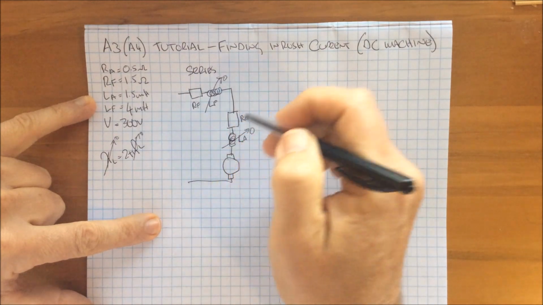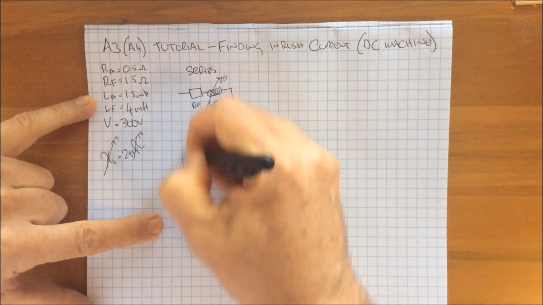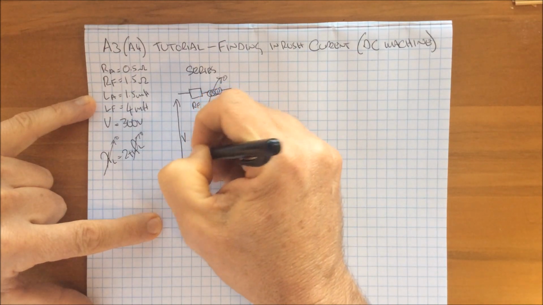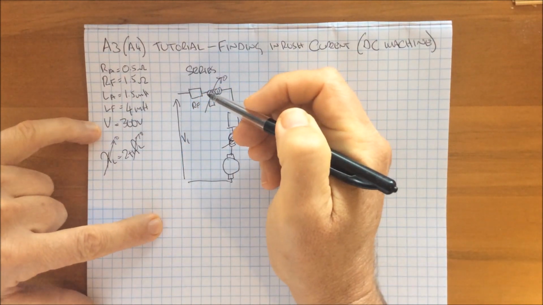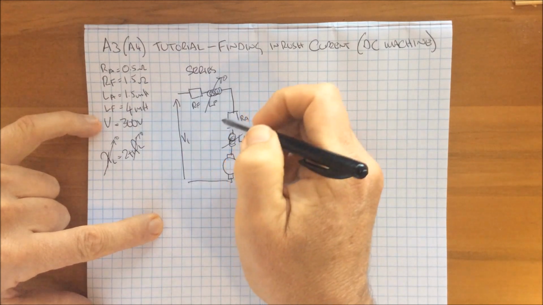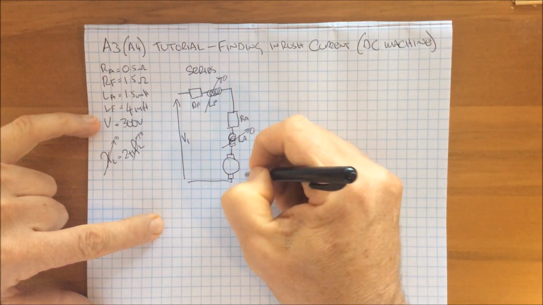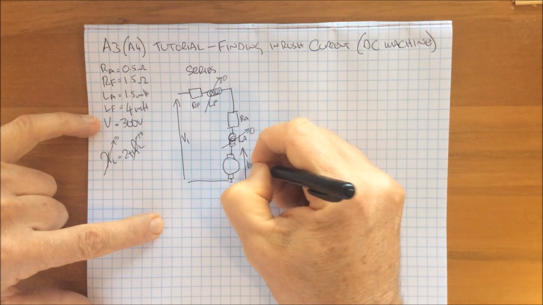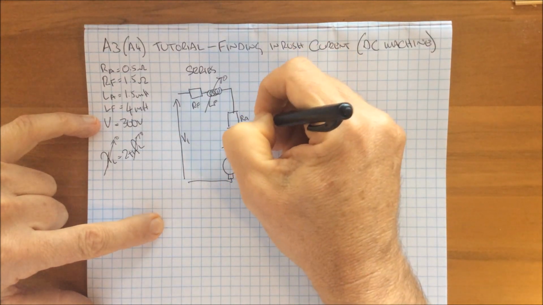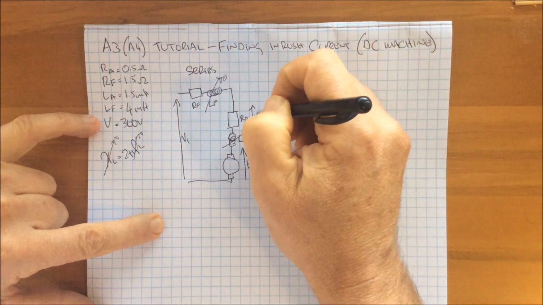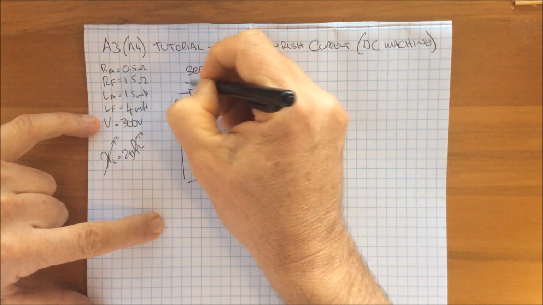We can also see from looking at this, using some basic first year equivalent stuff, that our input voltage, which we've called 300 volts, is the sum of the voltage here, which we call the back EMF, the volt drop across the armature, and the volt drop across the field.